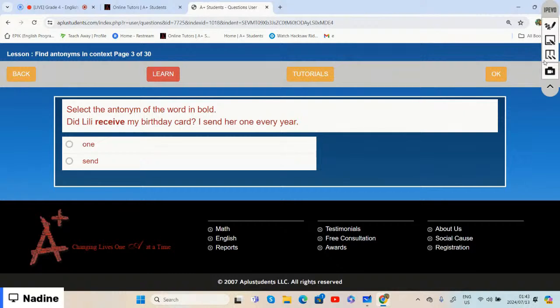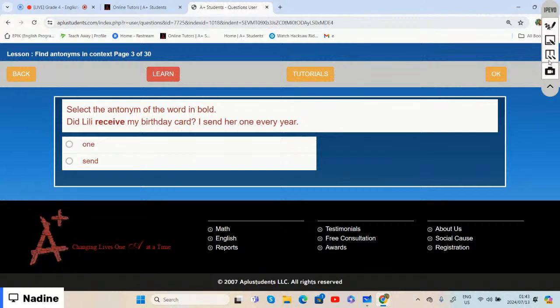Did Lily receive my birthday card? I send her one every year. So, what is the opposite of receive?